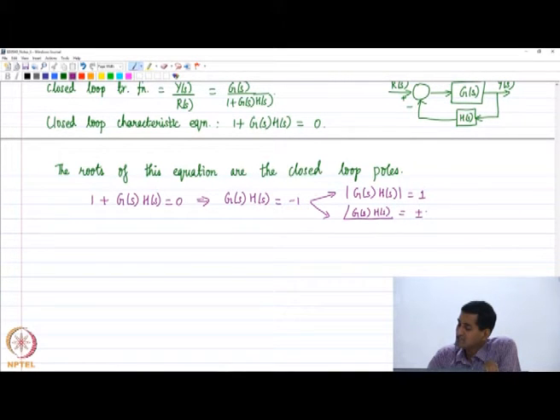In general we write it as plus or minus 180 degrees times (2k plus 1), so that is the general way of writing it. So essentially what we are saying is that it is an odd multiple of 180. This condition is what is called the magnitude condition.